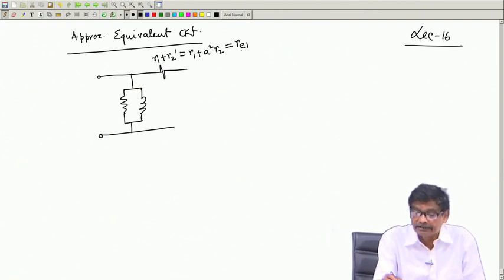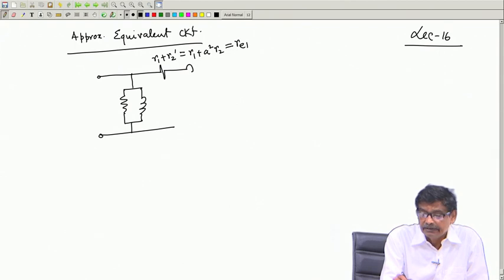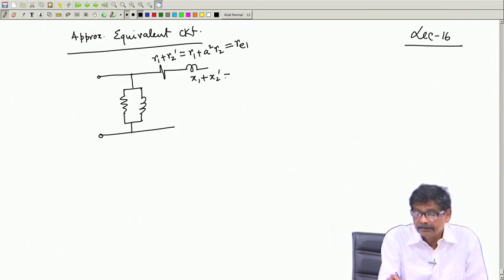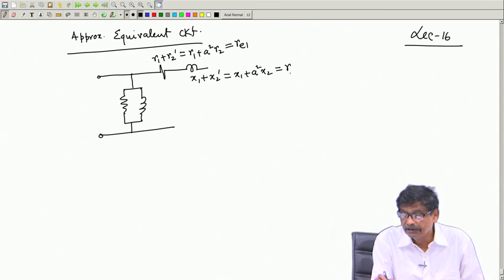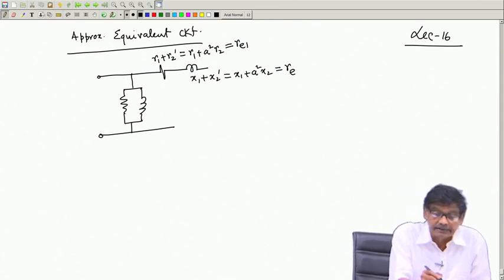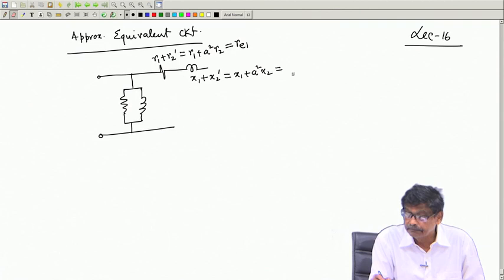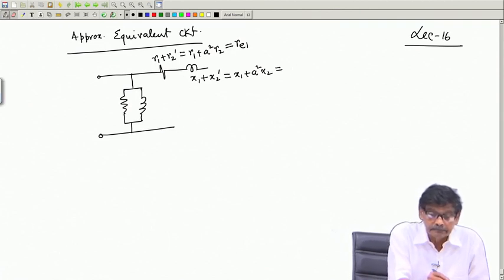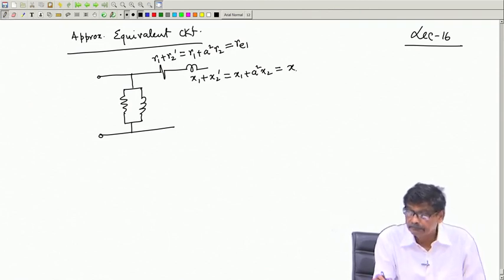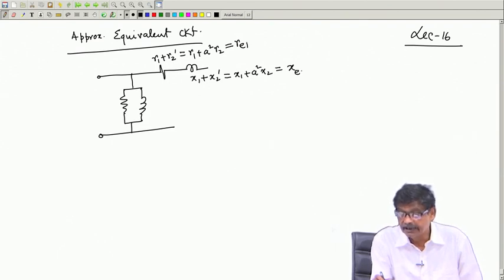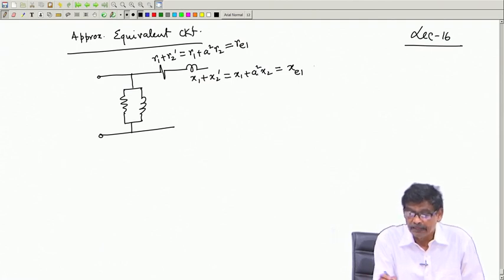Similarly, the two reactances can be grouped together and written as x 1 plus x 2 dash, and that is equal to x 1 plus a square x 2, and this is called the equivalent reactance referred to primary side, x E 1, and that is all.